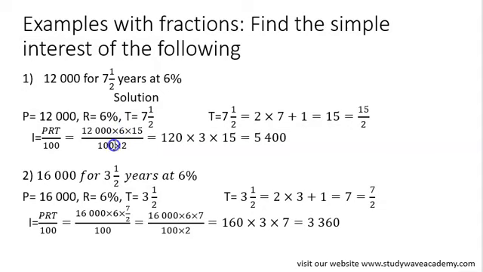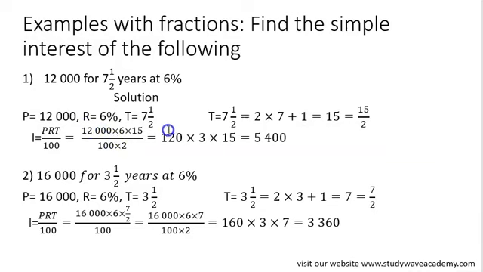Then we cancel our zeros: 0 cancels 0, 0 cancels 0. We write out our remaining equation, which is 120 times 3 times 15. Remember how we got this 3, from 2 into 6. And we have 120 because we cancelled the zeros.